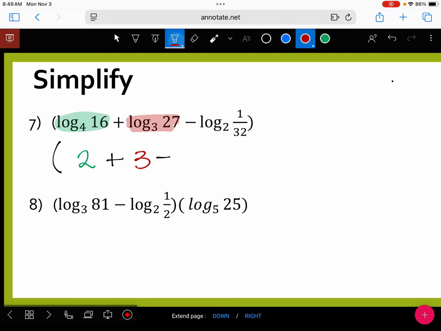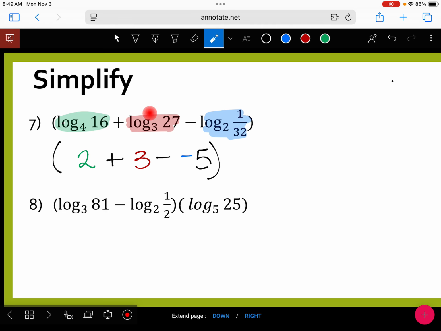All right, now we have our third statement. 2 to the what power is 1 over 32? Now we know it's negative, right? But negative what? 2 to negative what is going to give me 1 over 32? Negative 5. So from here, we would just do the math, because these are all numbers.